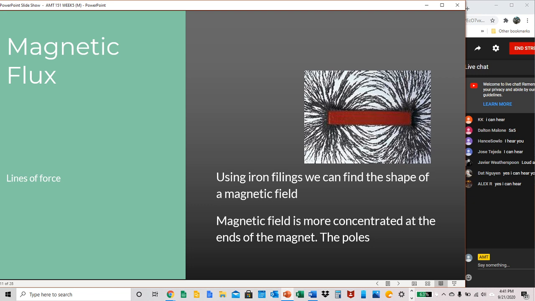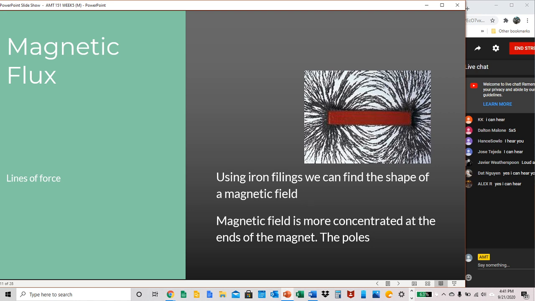So moving on to magnetic flux. What is magnetic flux? Also referred to as lines of force. Here you have a picture of a bar magnet, and these are all iron filings that have been laid around that magnet, and this is a practice used to see where the lines of flux are in this magnetic field.